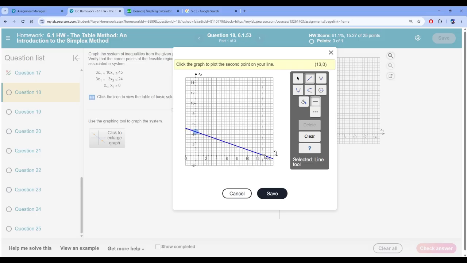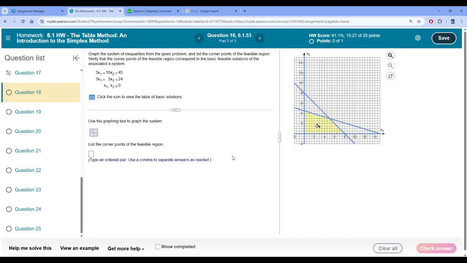So that should go right at 15 right there. We're going to have our y-axis. We're going to have our x-axis. And then we have the second equation, which is 24 divided by 3, which is 8. 8 to 8. And then the shaded region should be on the inside. Save, check. There we go.